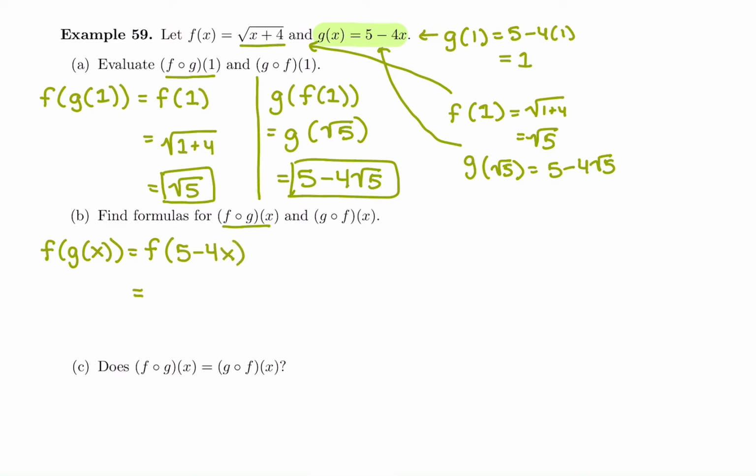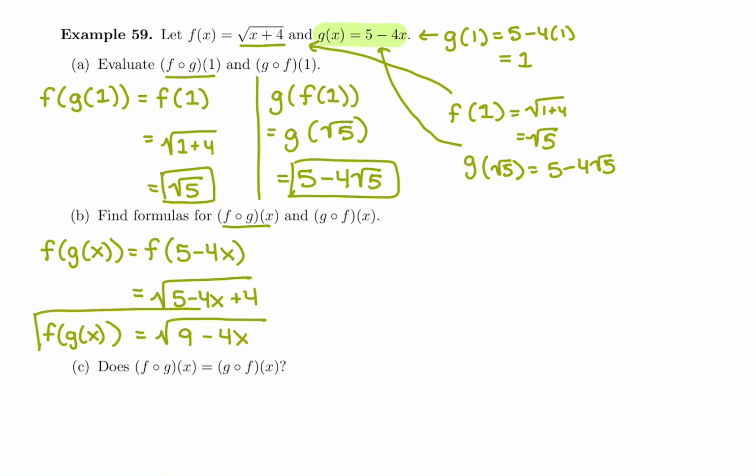So I'm going to go into the function f, which is the square root of x plus 4, and I'm going to replace x with 5 minus 4x. Instead of x plus 4, it's 5 minus 4x plus 4, which tells me that f of g of x, when I combine some like terms, under that square root, I have 5 plus 4 is 9 minus 4x. So we have the square root of 9 minus 4x when we do f of g of x.